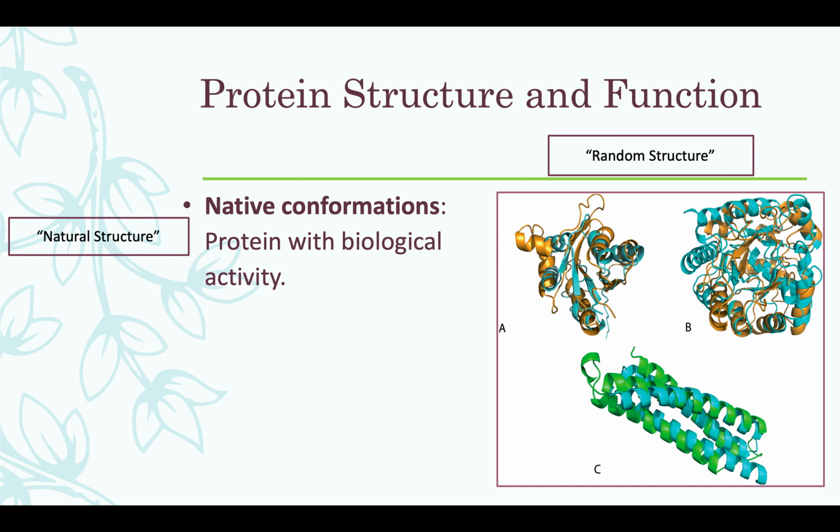Now, we said that the native conformation of your protein is the one that has biological activity. Now, what do you call your protein that lost its biological activity, say, for example, upon application of heat or large change in pH?